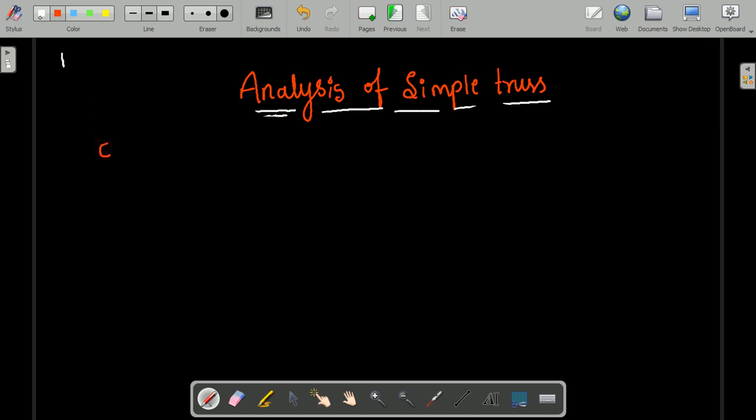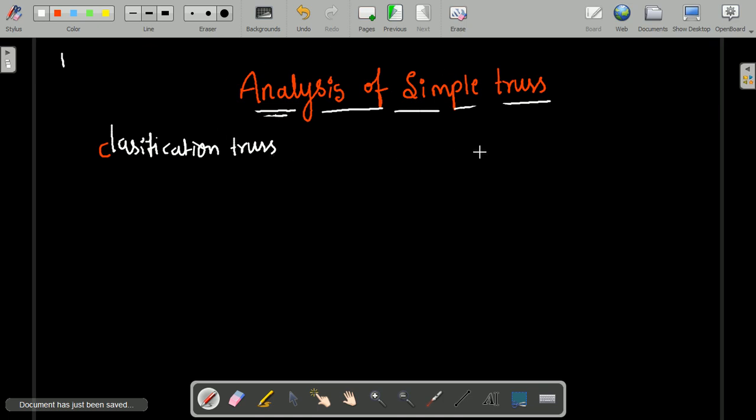That is, we are discussing the classification of trusses. You know that a truss is nothing but different members connected in a systematic manner in order to transfer the load from one member to another member, or to share the load with the neighboring members.